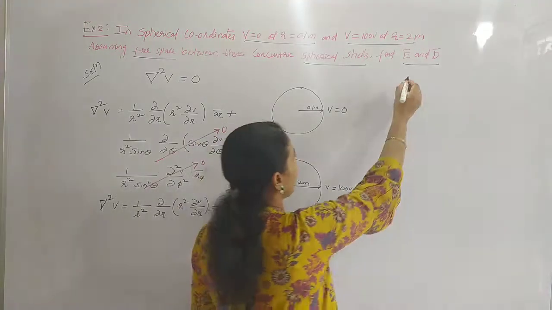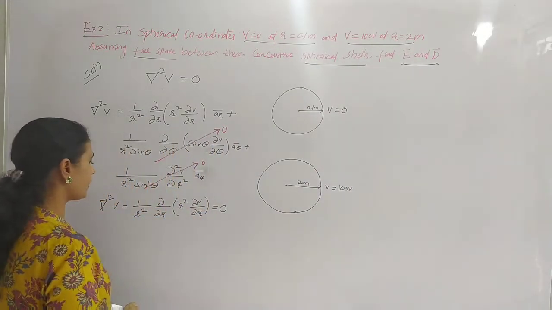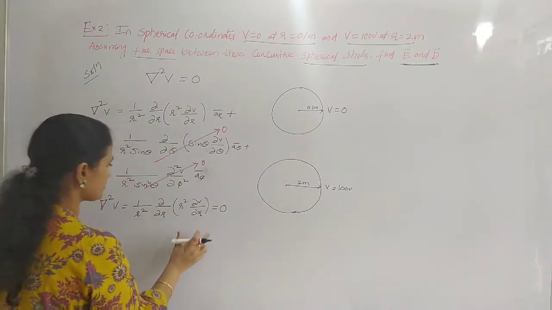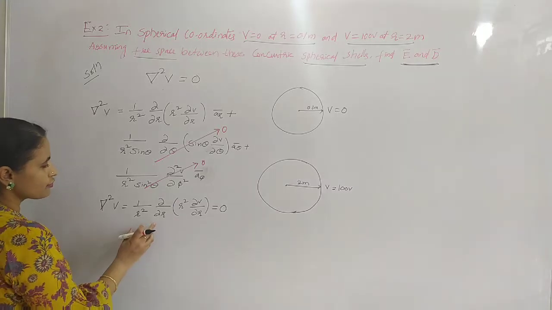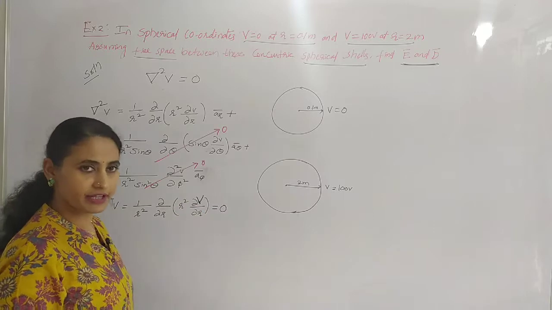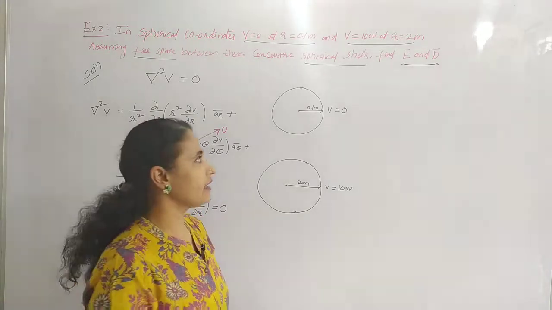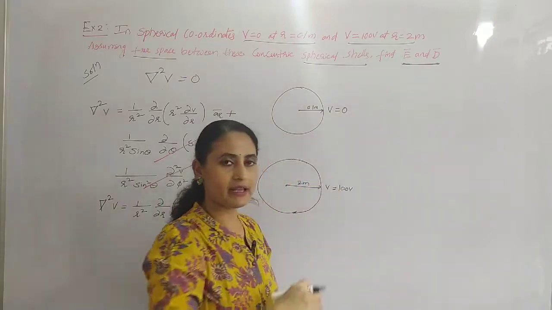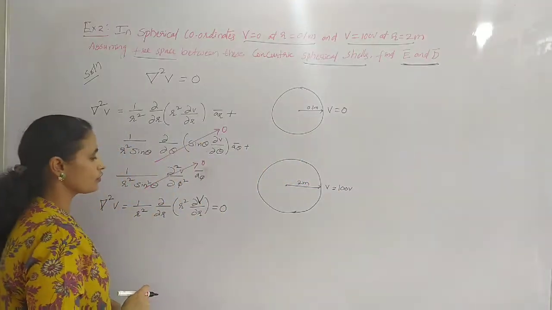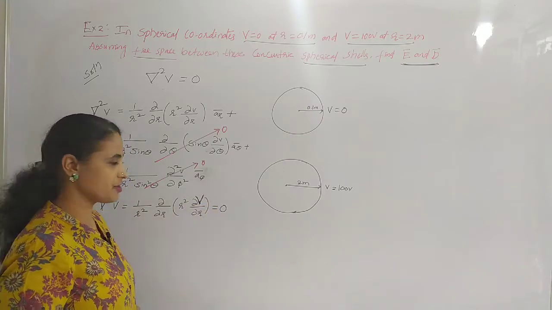Our task is to find the electric field and electric flux density using Laplace equations. So let us find the value of V. Once we have V, using the relationship between V and E, we can obtain E as well as D.